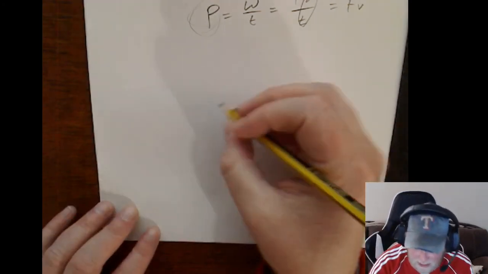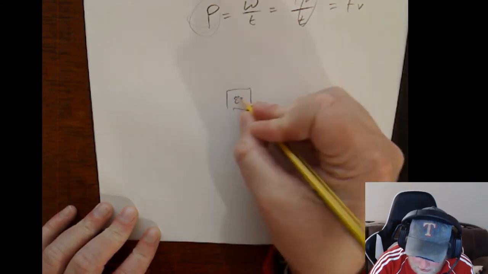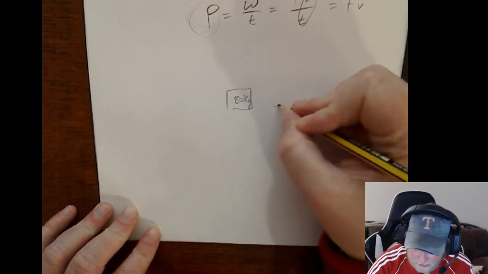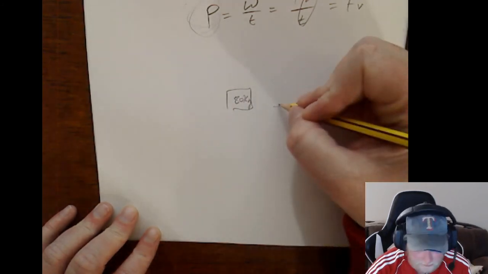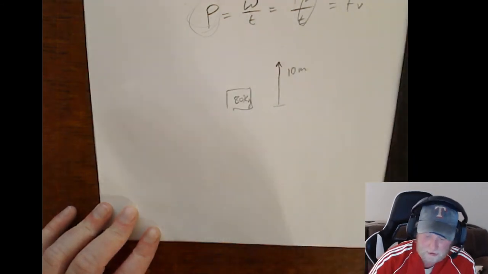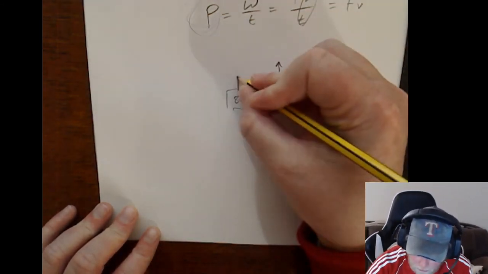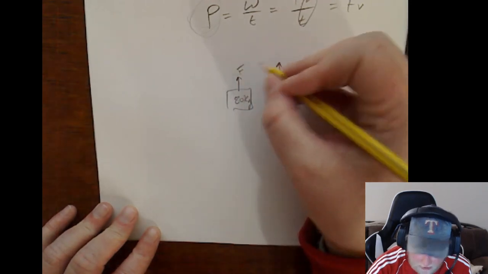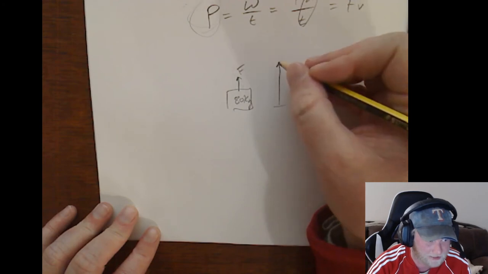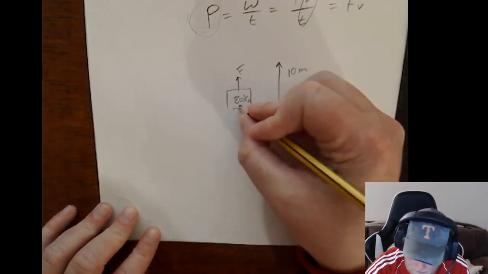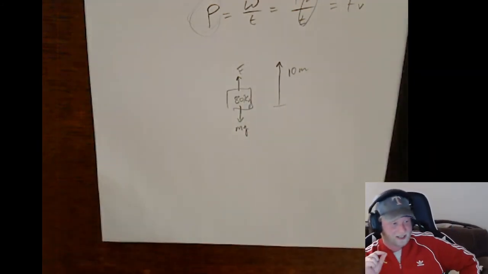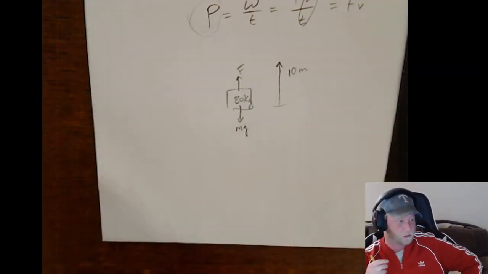Now, let's say you've got yourself an 80 kilogram dude and he's being displaced, say 10 meters, like in scenario A. Well, the amount of force required at minimum for him to be ascended by 10 meters in the vertical has got to be just a tiny, tiny, tiny bit bigger than his actual weight, right?